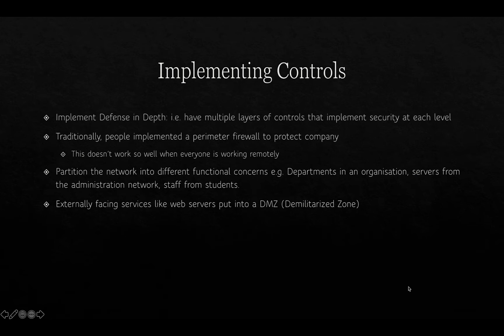So, for example, in a physical sense, you may have a perimeter fence around the grounds of a company, and basically people can get in, and then you might have doors on the lock or access controls on locks of the building, and then further locks on the offices that people work in, and then security on the computers, and it keeps going down.